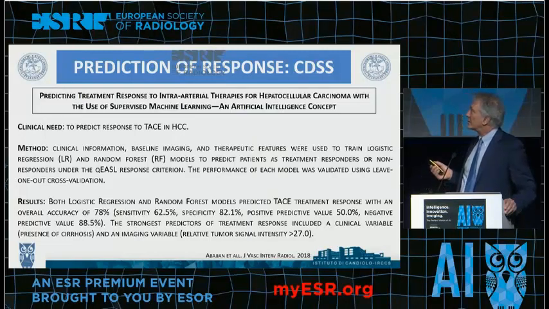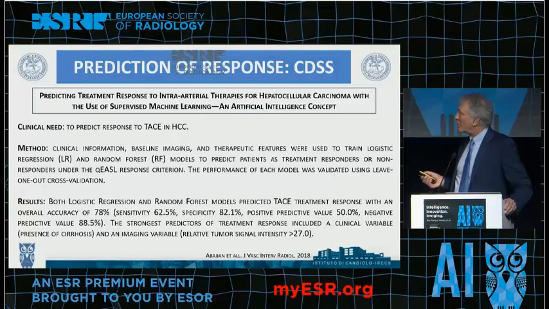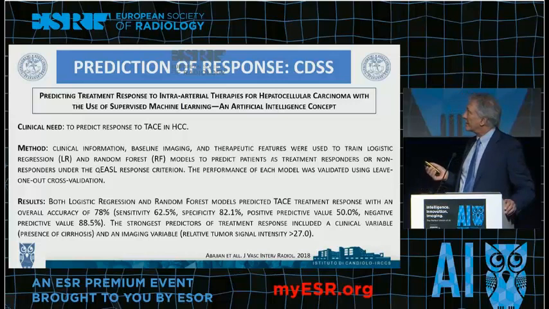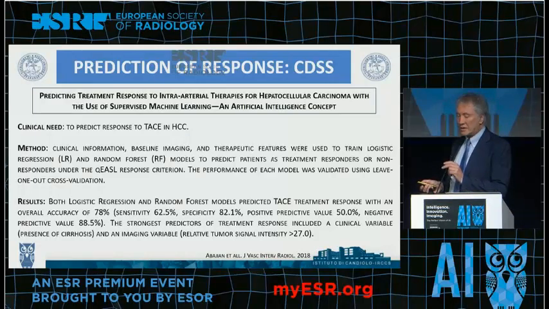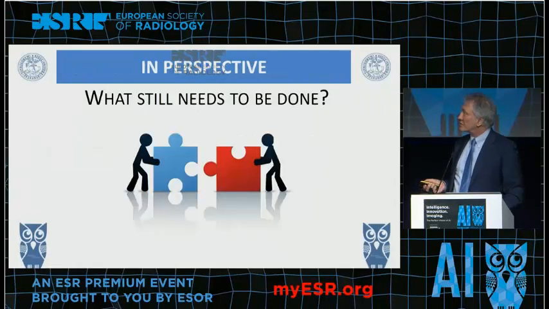So this is a new topic we haven't been talking about today, but I think we should take this into consideration, not only radiologic images, but also clinical and genomic and so on. So we should go towards a more holistic approach.